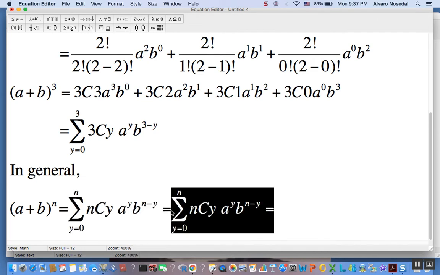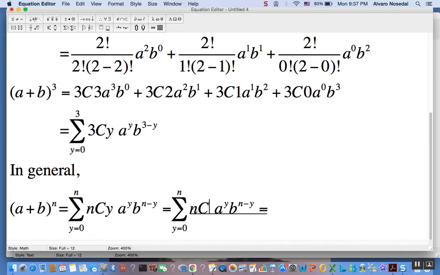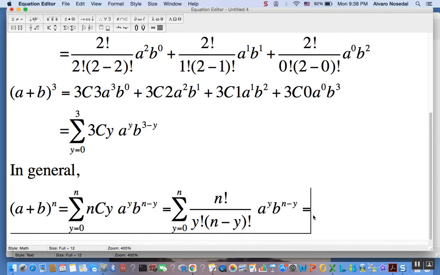Just another way of expressing that would be, using our formula for combinations, n factorial over y factorial times n minus y factorial. Okay?